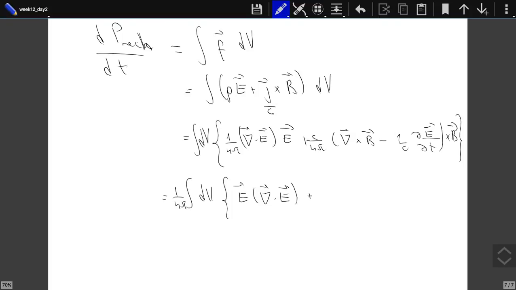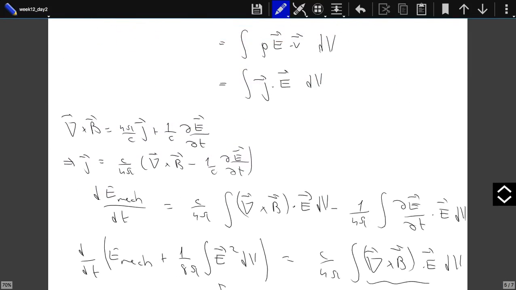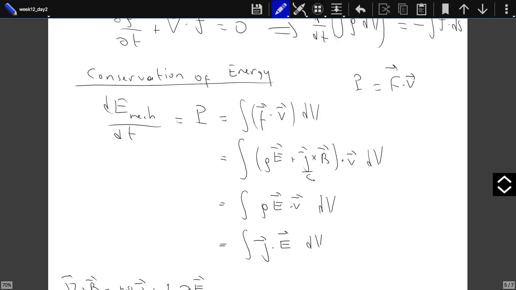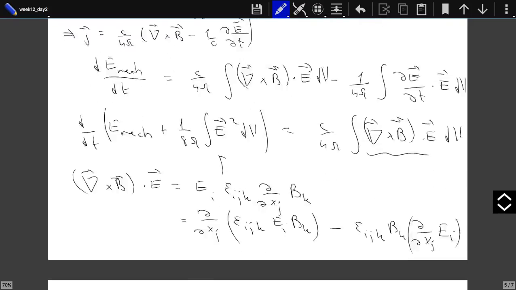No, here I have a J over C. But it doesn't make any difference in this derivation. The only difference is here rho times V is, no, okay. So it's J over C, it doesn't make any difference because V doesn't contribute.